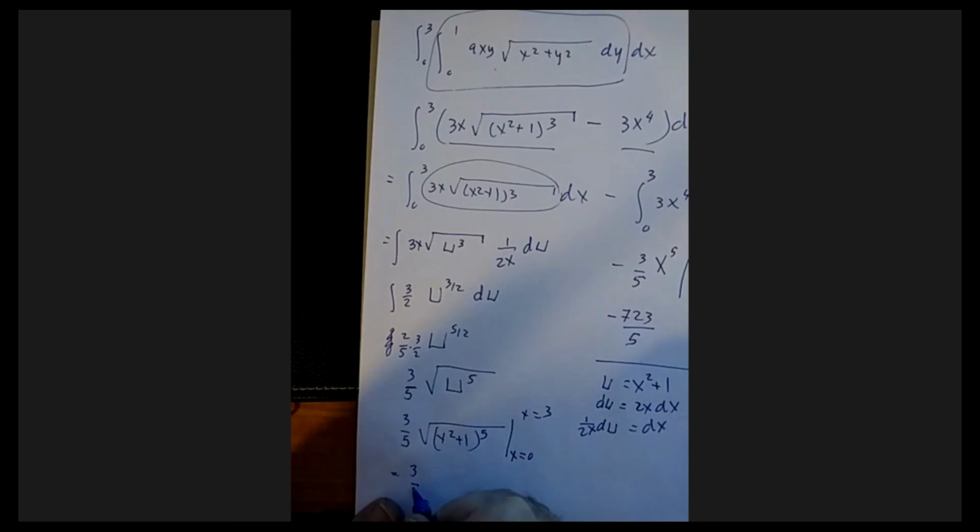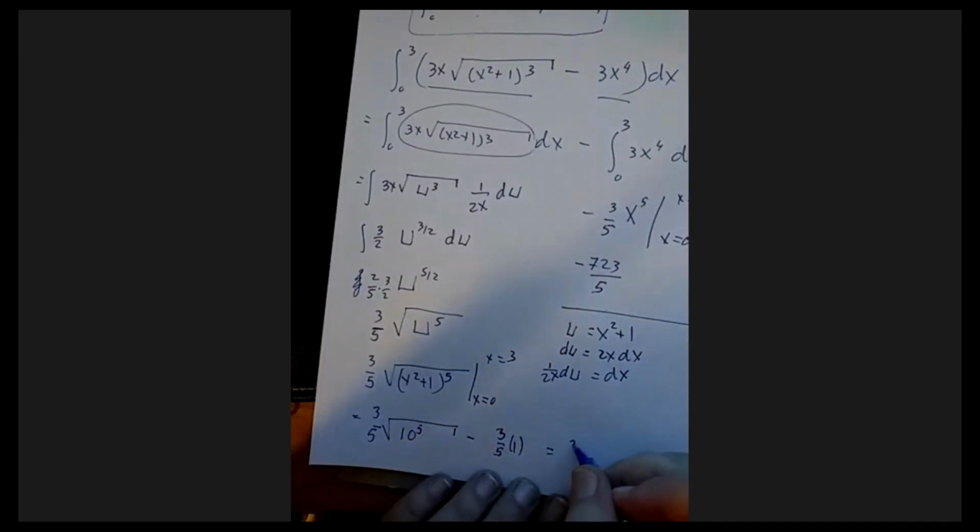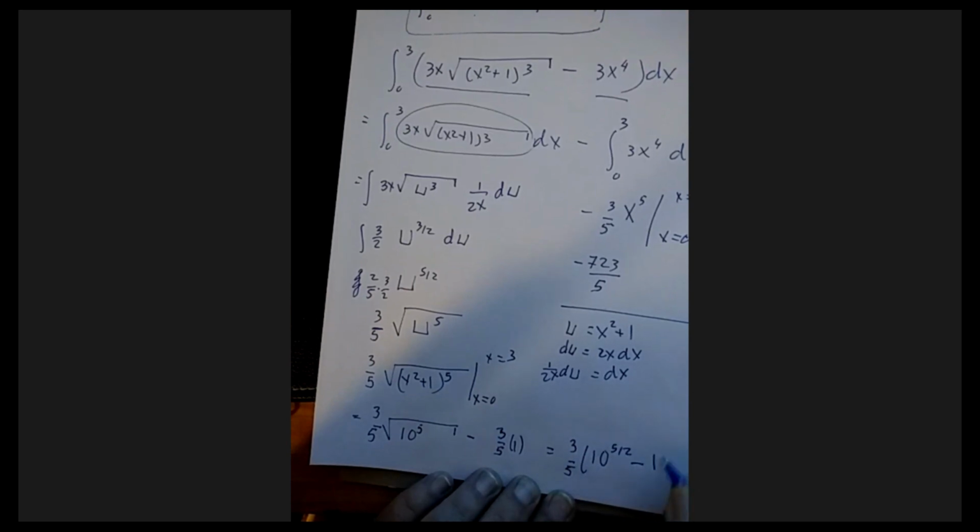Now, in this case then, I'm going to have 3/5, the square root of 10 to the power of 5, take away 3/5, square root of 1 is 1. So according to my answer, it should be 3/5, 10 to the power of 5/2, take away 1.